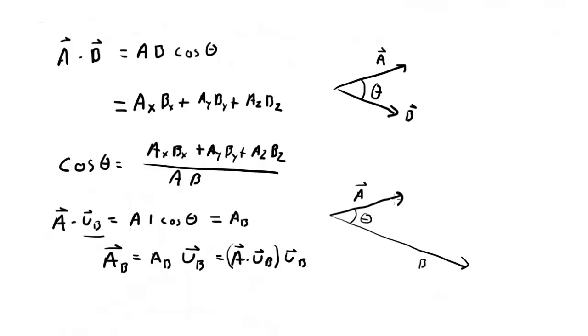This concept of the component of a vector in a given direction is also referred to as the projection of A onto B. And you'll note that cosine of theta is equivalent to A_B, or the projection of A onto B, divided by A, as you would expect from the definitions of cosine in a right triangle. As always, if you have questions about this, please come see me.